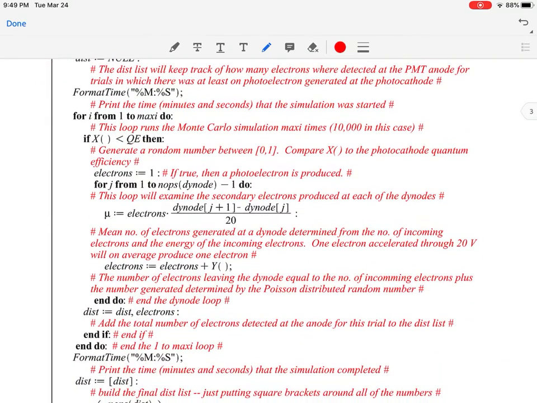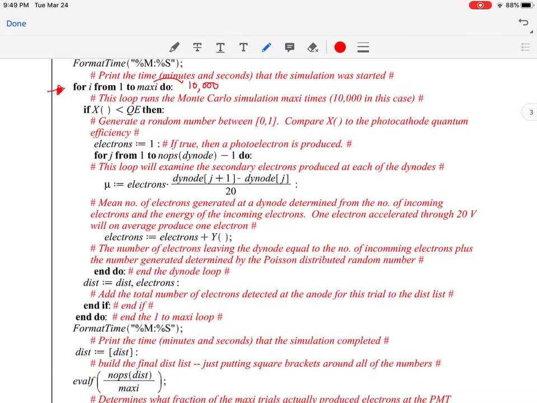So here's the first step: we're going to run this loop from i to max i, and that's 10,000. So 10,000 iterations. And here we draw our random number. This is a random number between 0 and 1, and we just check if it's less than the quantum efficiency.